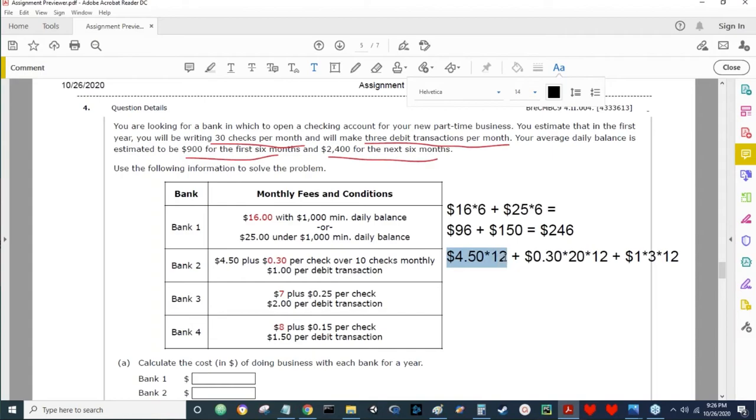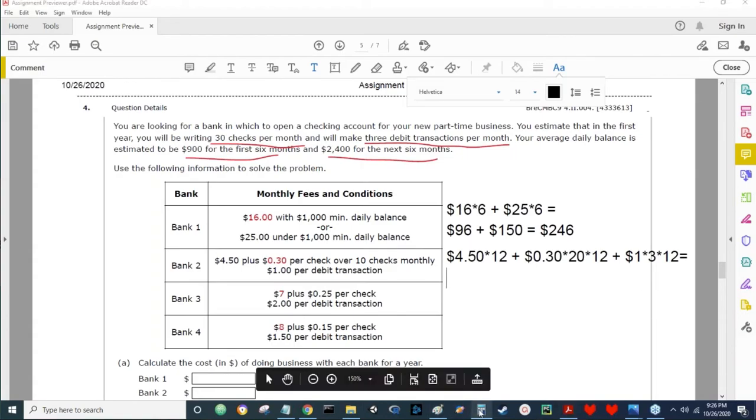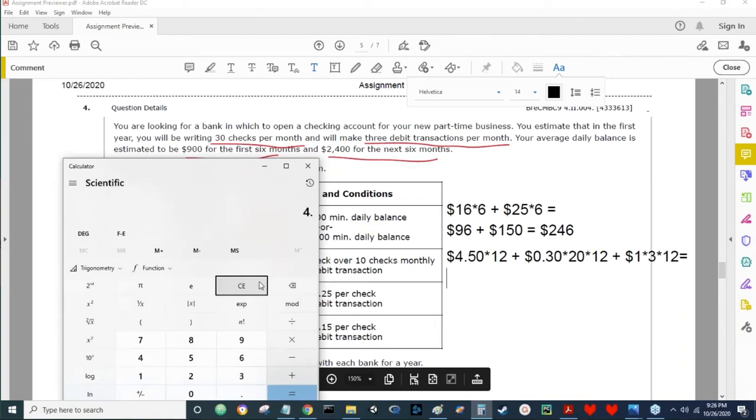It's $4.50 for 12 months, plus 30 cents for each of the 20 checks that we get charged for in the month, times 12 to make it yearly. It's $1 per debit transaction. There's 3 of those per month, and we multiply by 12 to convert it to years. That's how much it costs for the year. And if you're still unsure about this one, the next one is actually going to be the same type of calculation. It's really, really similar.